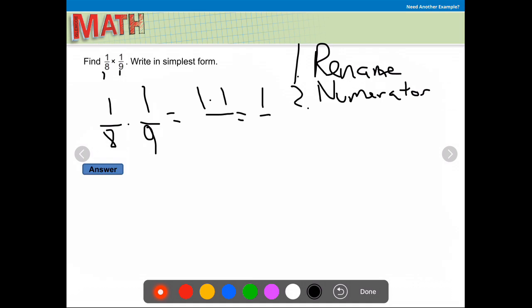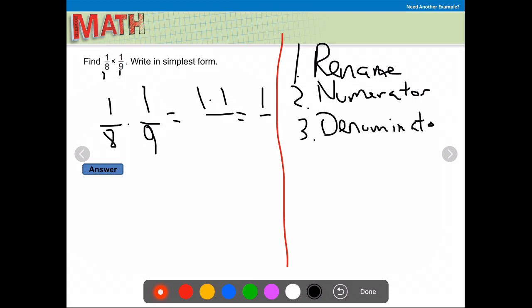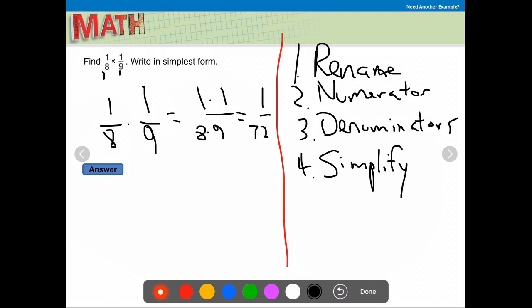Our step 3, I'm getting kind of cluttered here. I'm going to draw a line. Our step 3 is multiply the denominators. So that is 8 times 9. 8 times 9 is 72. And our step 4 is what? Always simplify. So we simplified here. So our answer is 1 over 72.